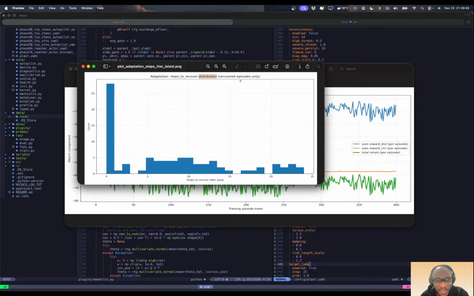On episodes only, so how much it recovers throughout the run after every jump. Every jump, how much it recovers, and this is the count. We can see the distribution as well.